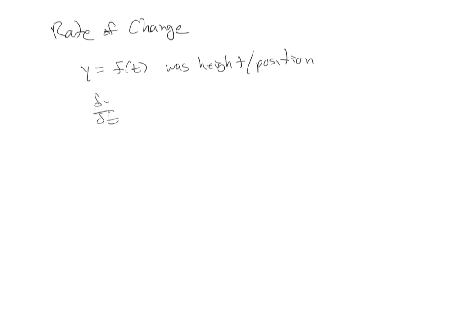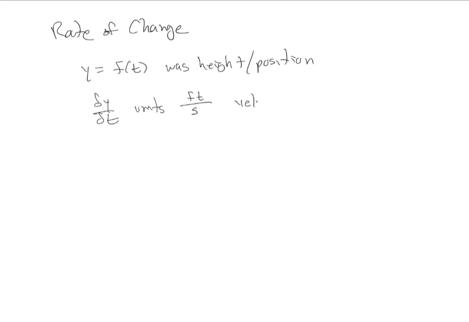Now remember that the units for this is always the units of y over the units of x. So in this particular case, the units of y would be some height, maybe feet, meters, miles, whatever the case would be, and the unit of time would typically be seconds, minutes, hours, whatever the case may be. And so we had feet per second in this case. We called that a velocity.